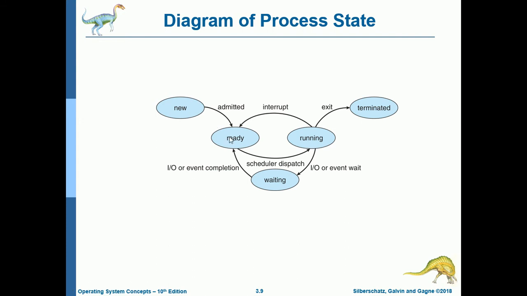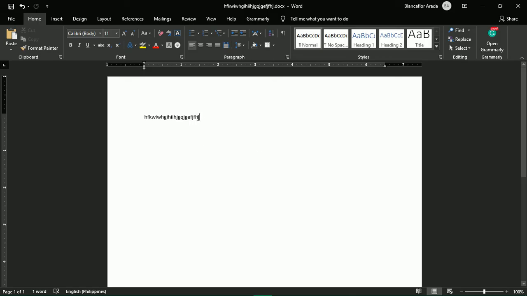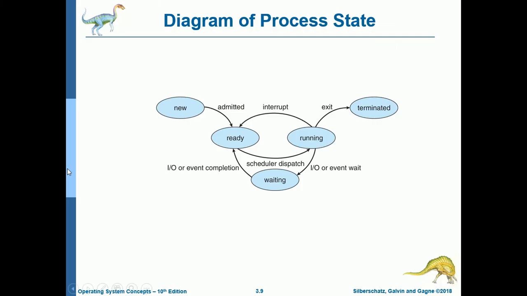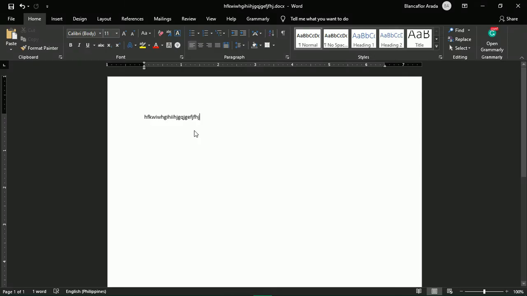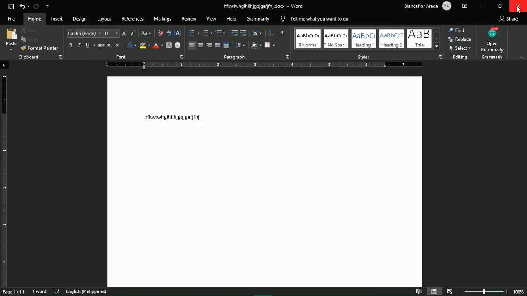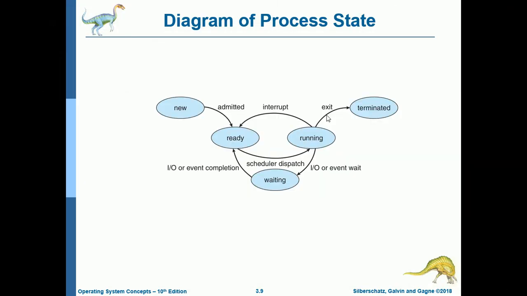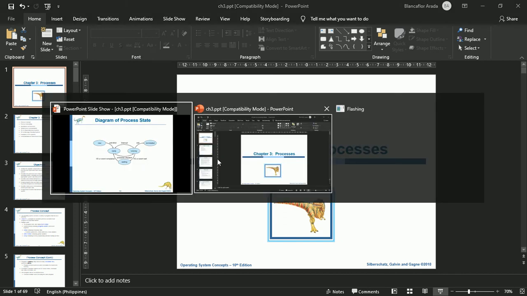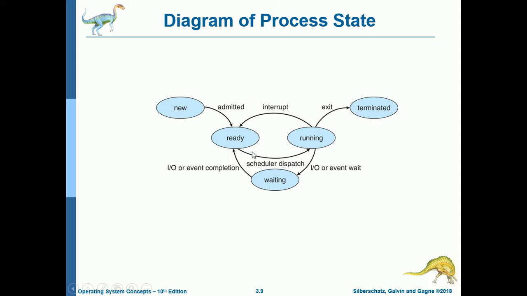Okay? So again, ready, then automatically it will be running again because the process is already running. And then if you close the program, we have this close, it will invoke the exit command, and then the process is already terminated.